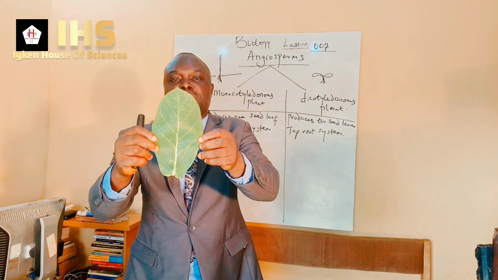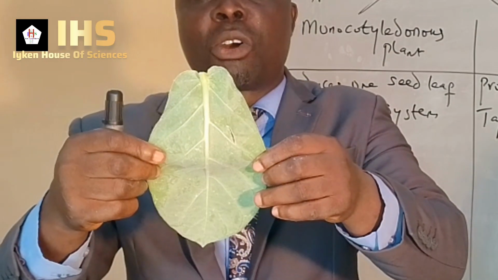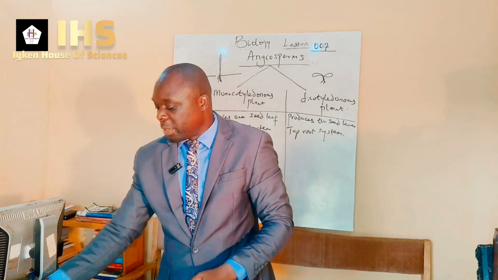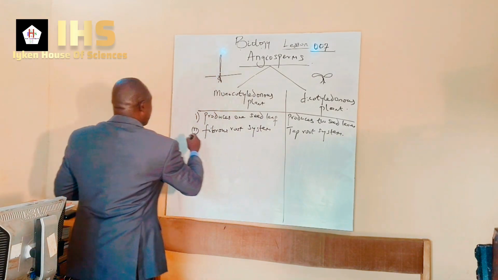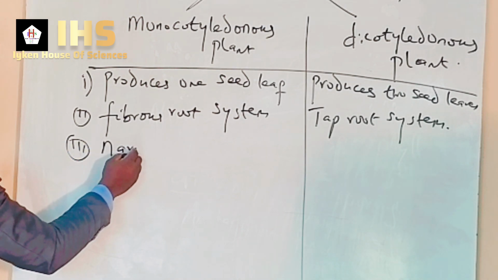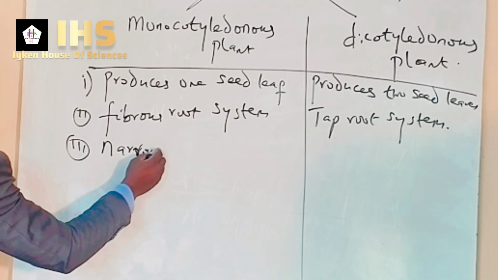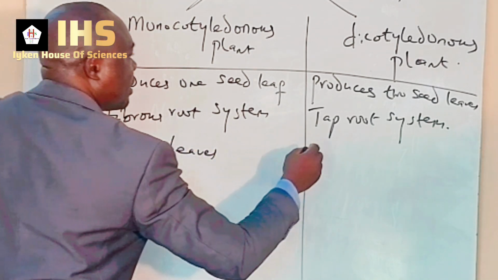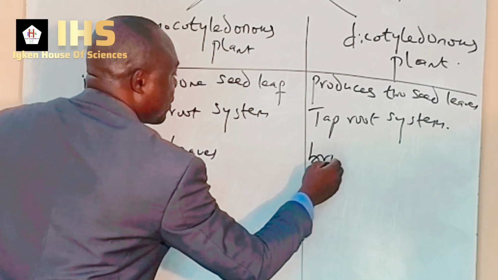The leaves are broad. So we can write now that this one has narrow leaves. This one has broad leaves.